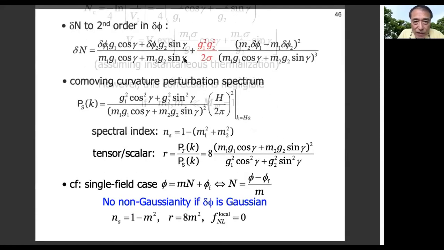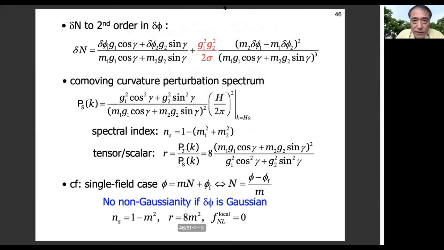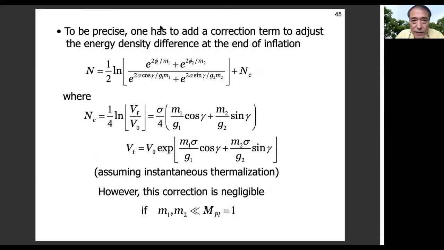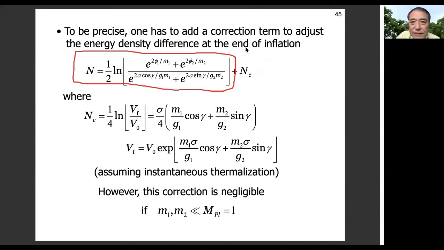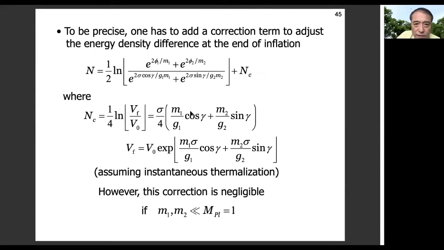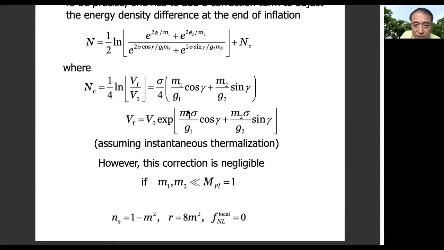Anyway, going back to this expression, you just focus on this expression and expand this in terms of the fluctuations phi 1 and phi 2.